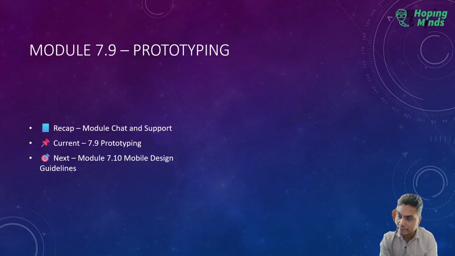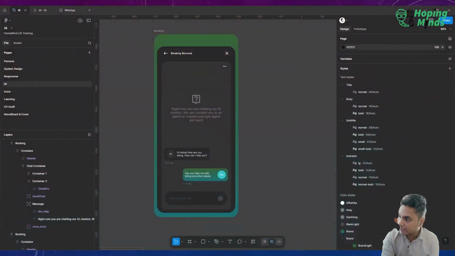So in 7.8 we created a chat support page, wherein the user can chat with the AI or the agent for the service request.